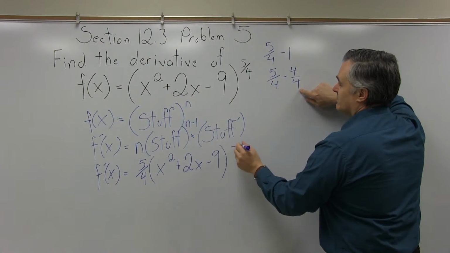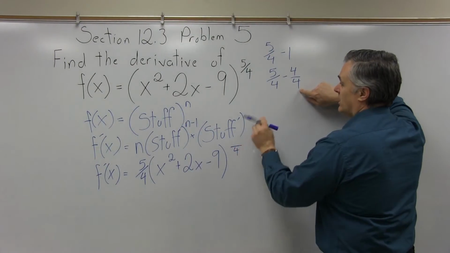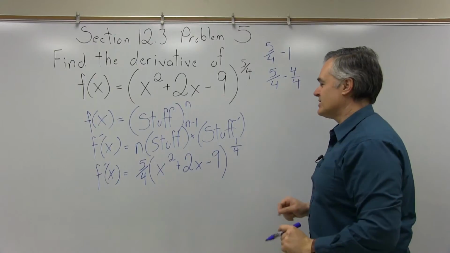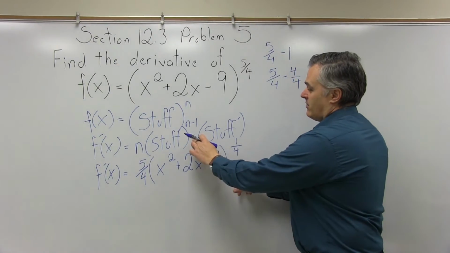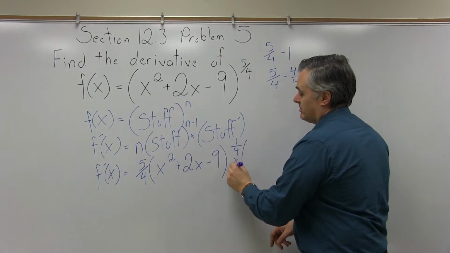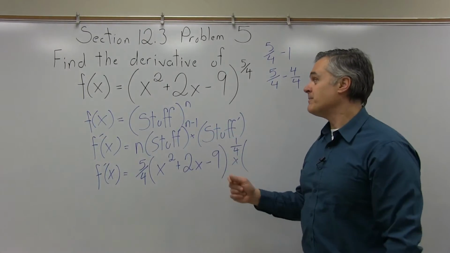So my new exponent, when I have to fill in for n minus 1, the common denominator is 4. The numerator, 5 minus 4, is 1. So the new exponent is 1/4. And now I have a new set of parentheses. I'm multiplying. And in the new set of parentheses, I have stuff prime.